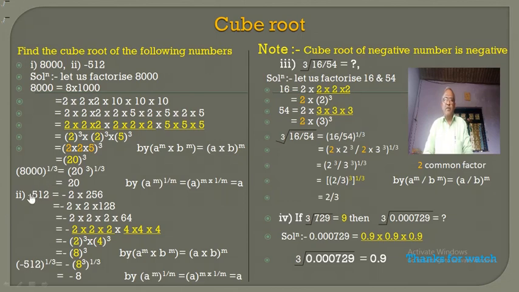Second example, minus 512. This is a negative number.